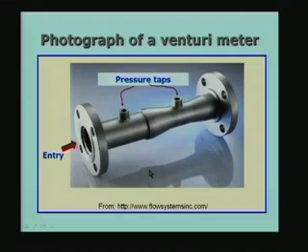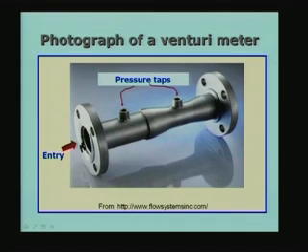In fact, I have a small photograph of a Venturi meter which is commercially made, and it is taken from the website of Flow Systems Incorporated. They are the manufacturers of these Venturis, and you can see the Venturi meter is made exceedingly well.